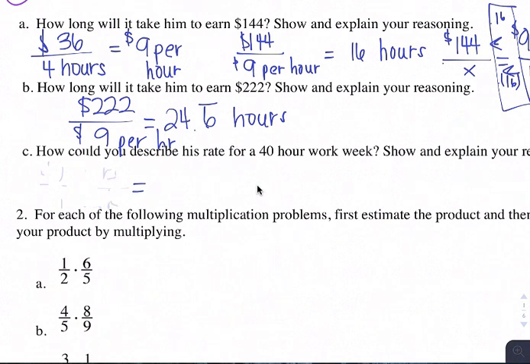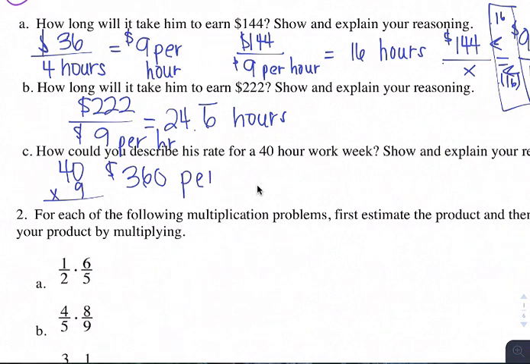Sorry, I don't want to set it up like that. We would take our 40 hours and multiply by the $9 per hour, and we get $360 per 40 hours. So if 40 hours is 1 week, he gets $360 per week.